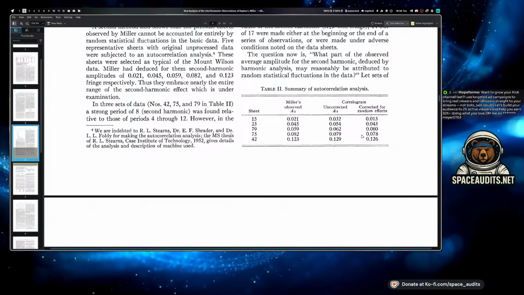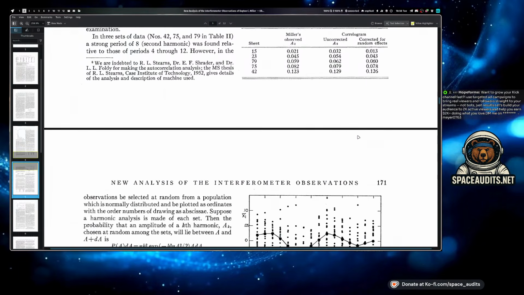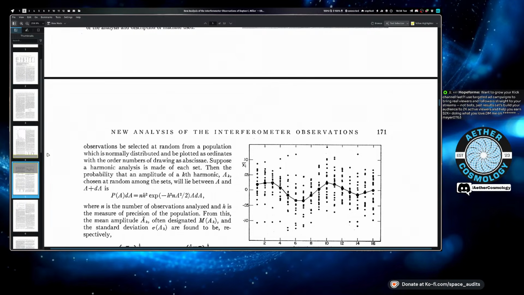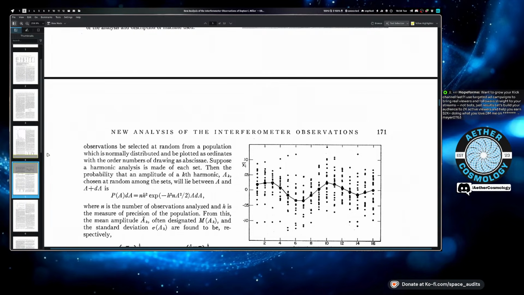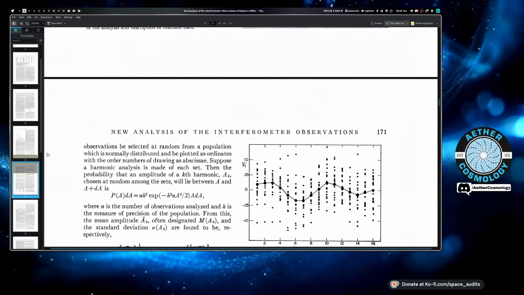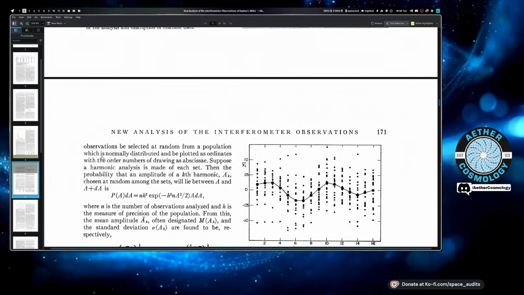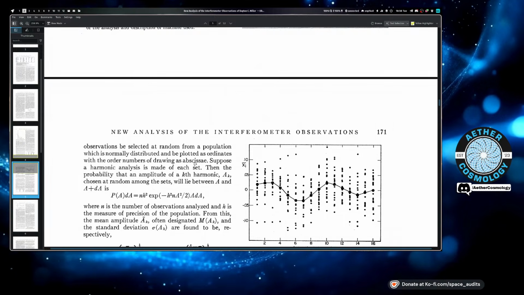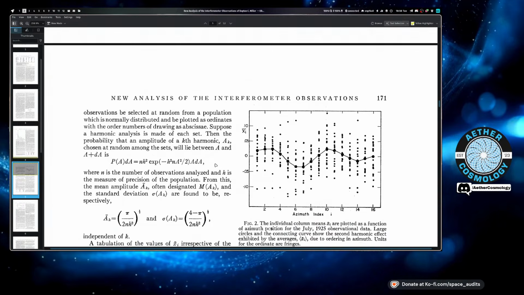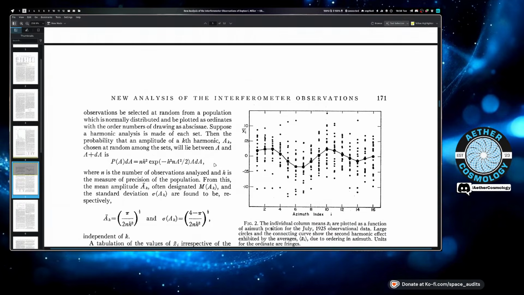Let us take sets of observations selected from random populations, which are normally distributed, and plotted as ordinates with their order number, as on an abscissa. Suppose a harmonic analysis is made of each set.